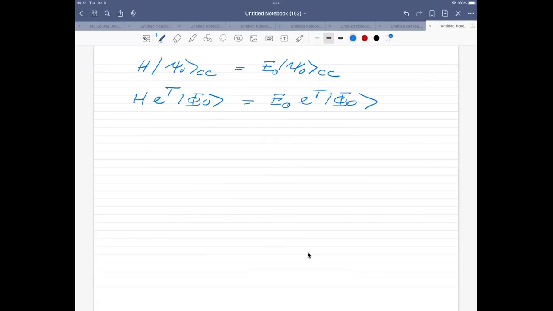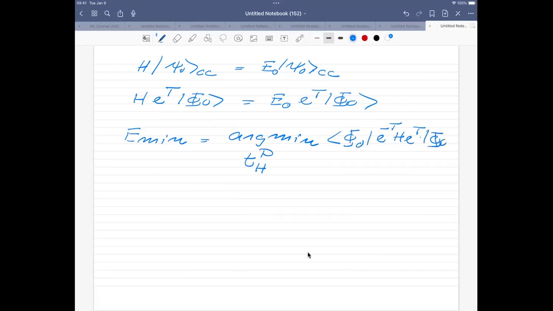And what we could do now is simply to find the minimum here by performing a variational calculation. So what we want then is simply to calculate the argument of the min here, where the argument is given by this set of amplitudes, T^H, T^P, and then we would simply proceed as we did with the FCI, and then we have e to the minus T, H, e to the T, of phi 0.